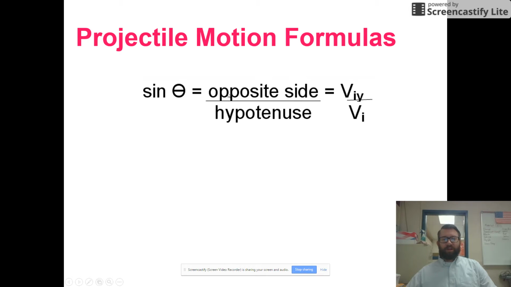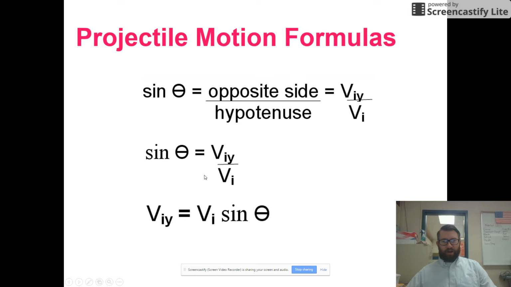Sine of theta, opposite over hypotenuse, so that's the SO of SOHCAHTOA, equals initial y velocity over initial velocity. So if we rewrite this, sine theta equals VIY over VI. So VIY equals VI sine of theta.